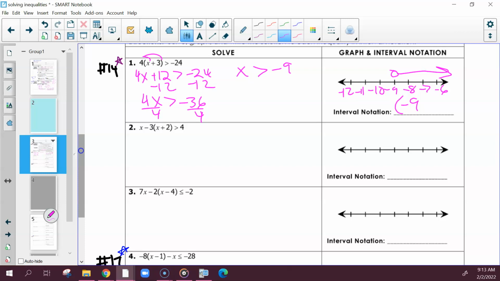Positive infinity. We're going to draw our infinity. Infinities always have parentheses, and that would be our interval notation. That would be the same thing as me writing this.